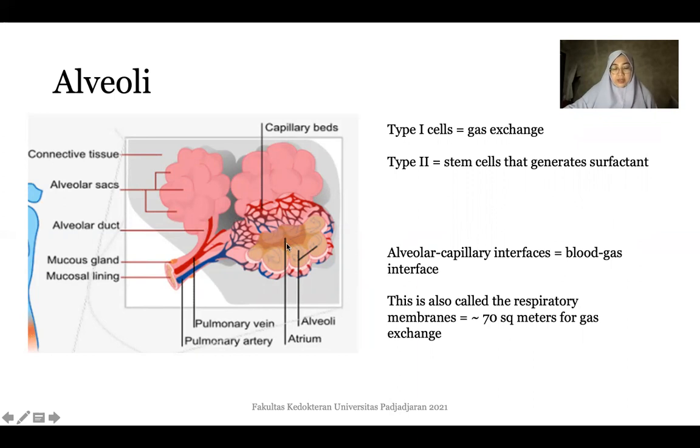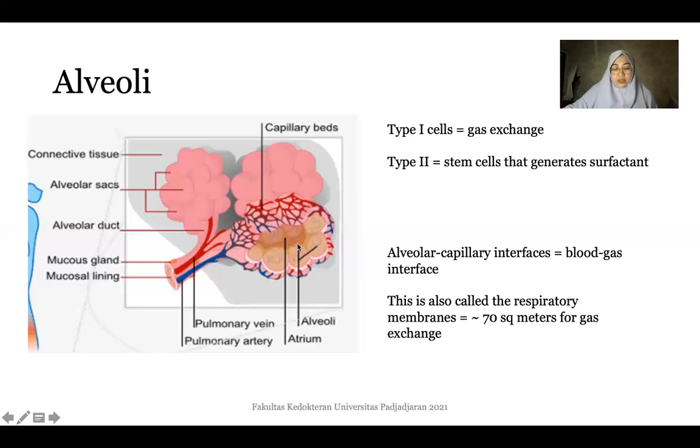So the alveolar sac is made up of a lot of different alveoli. The inner surface of the alveoli is what is in contact with the air, and you can see how the outer surface of the alveoli is covered in capillaries.